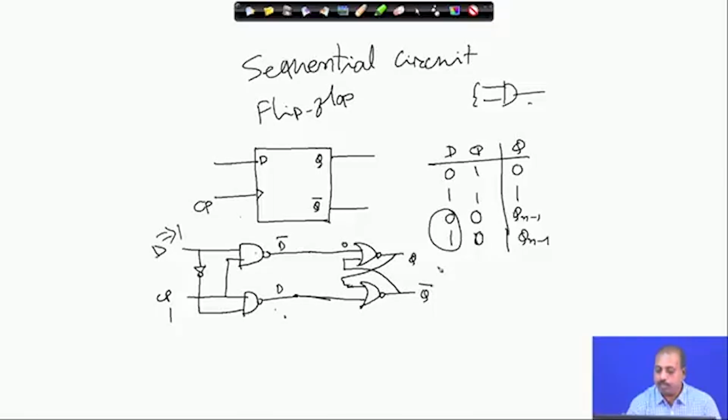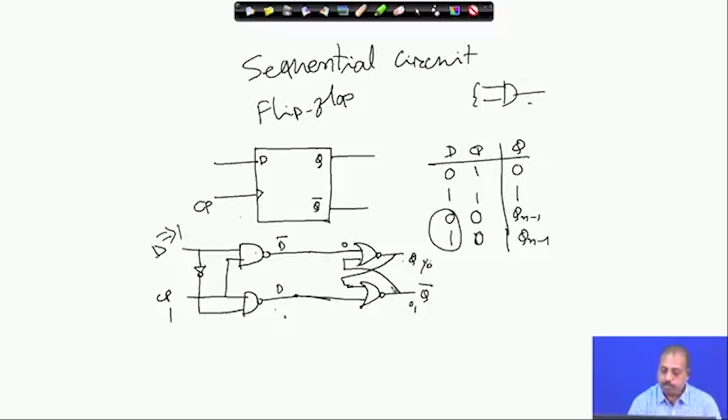If this value was previously 1, this value was 0. Now, with 0 and 0 you will get a 1 here, and if it is 1, then you will get a 0 there. So, that way it is getting the value of D bar at the Q bar line.